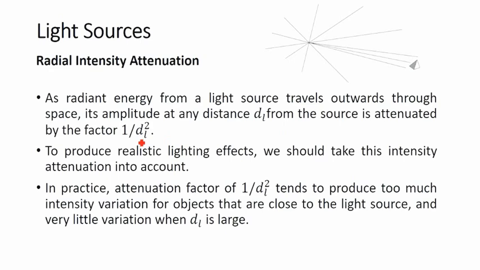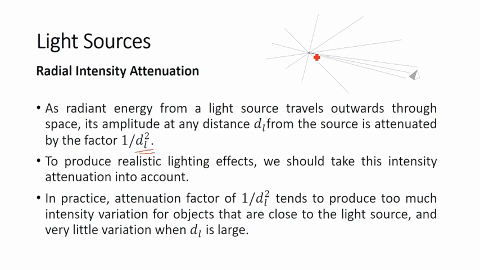However, the problem here would be that if we consider only the distance as a factor, then if the value of dl is large, there would not be much of a difference in the intensity attenuation the several objects would receive.